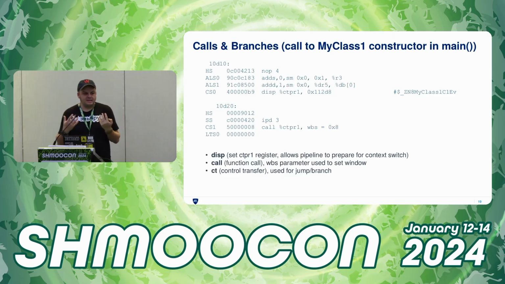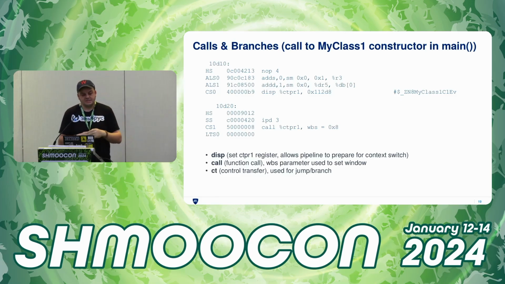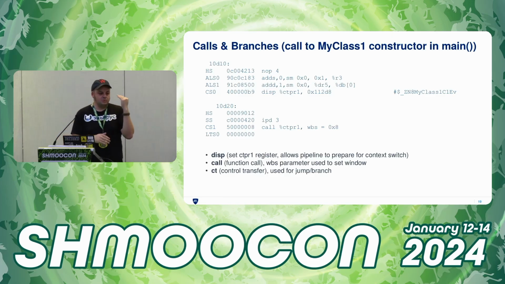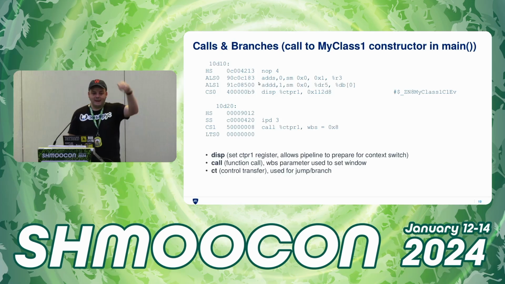Part of the whole idea with this complicated instruction set and trying to get more optimization out of it was that calls are actually broken up into two separate operations. We have this disp instruction, which basically tells the pipeline, hey, we're about to transfer to this address.